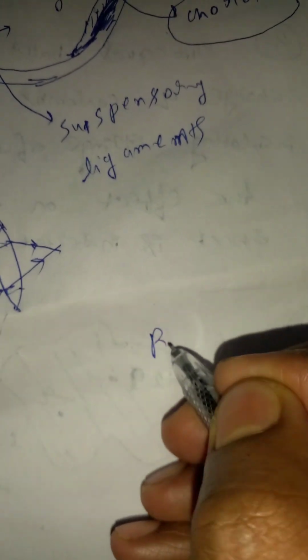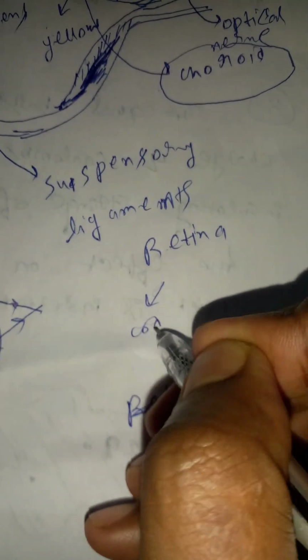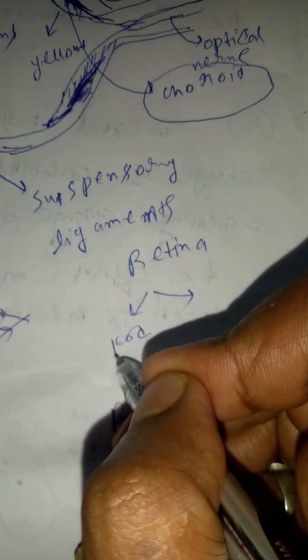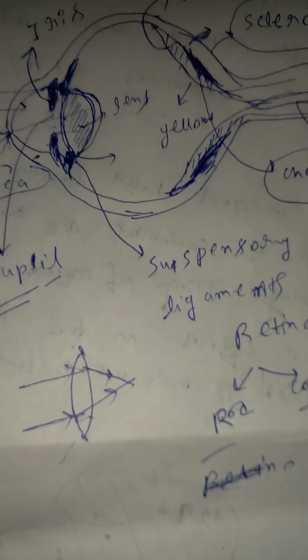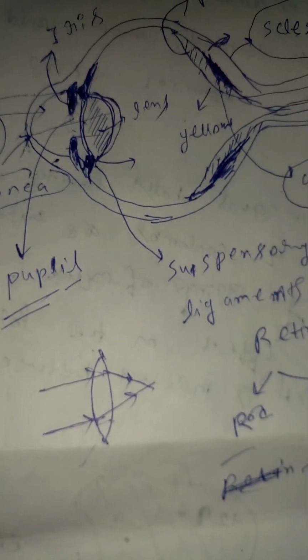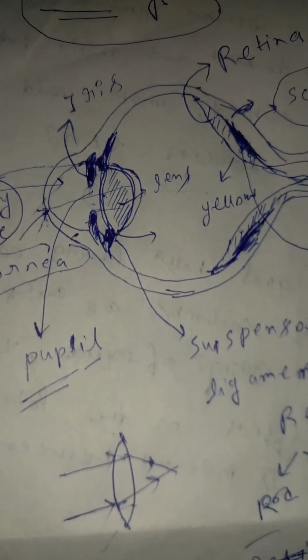Retina contains rod cells and cone cells. So retina contains two cells, one is rod, one is cone. Now these rods are sensitive to the intensity of light, while cone cells are sensitive to colors.